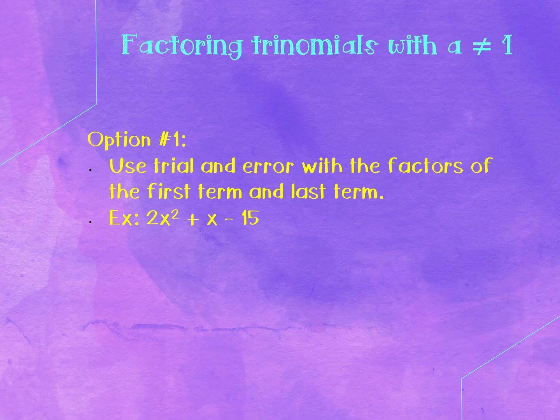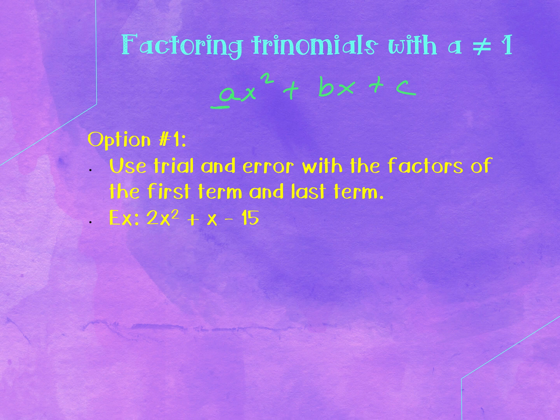So now these are going to be a little bit more challenging because now the number in front of the x squared, this a value, is not going to be a 1. It's going to be some other number in front here. So what we're going to do is we have two options. You can either use the trial and error method by finding the factors of the first term and then the factors of the last term until you find the combination that when you FOIL them will give you that middle term.